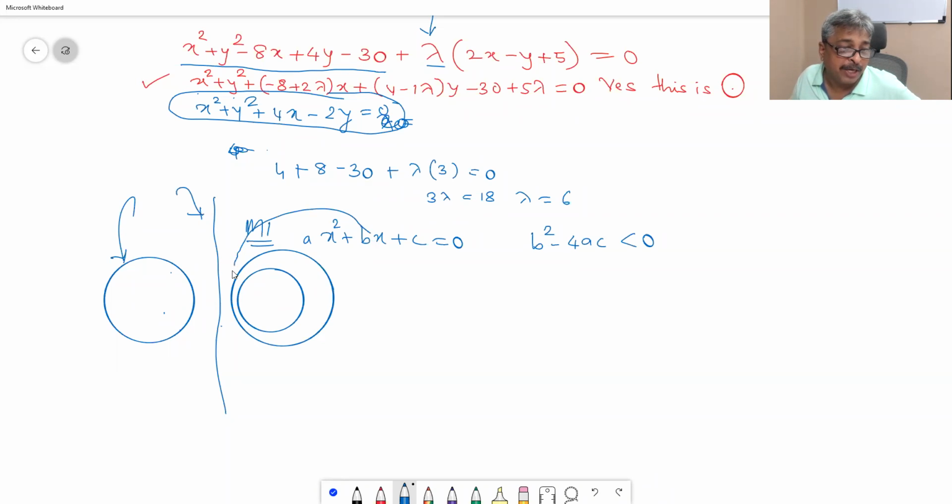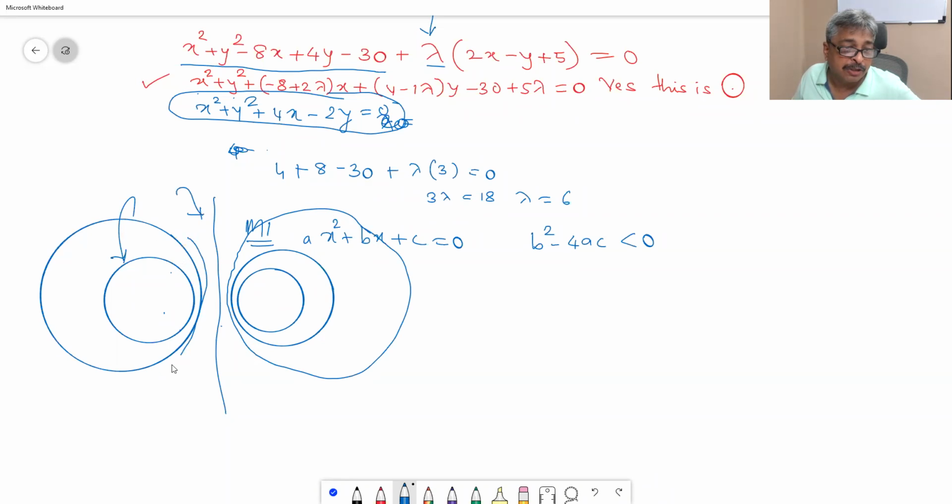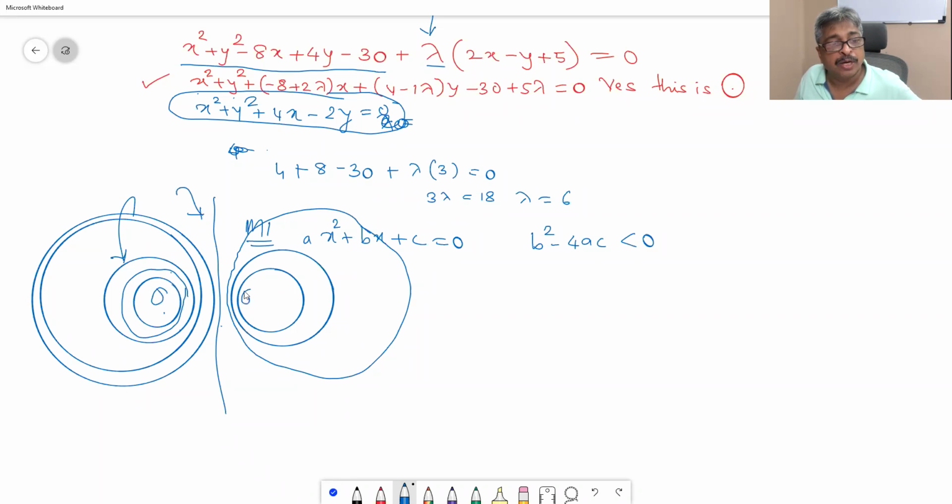The family of circles will look like this, this way and this way. This side also there will be circles, and no circle will intersect this line. All of them will keep some distance or the other. Do you understand? That will happen.